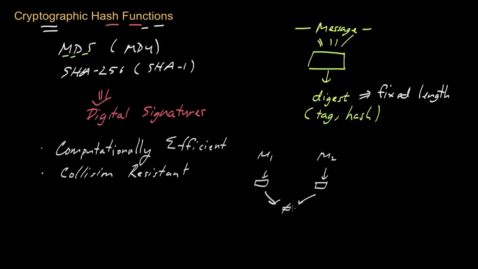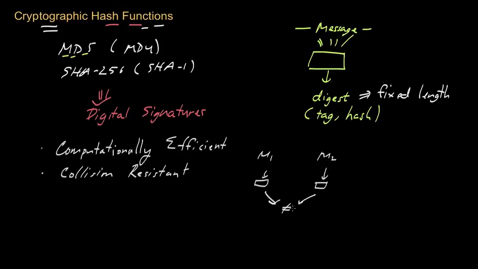Now I should take a step back and point out that in practice, given that messages can be of arbitrary size, and given that the output is a fixed size, it's not mathematically possible to guarantee that the output will always be different for two distinct messages. But what you typically want is not that the outputs are necessarily different, but that it's hard to find two distinct messages that produce the same output.